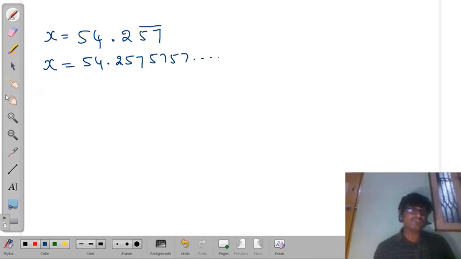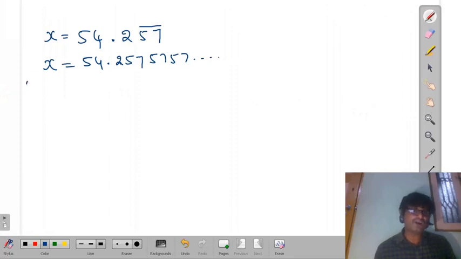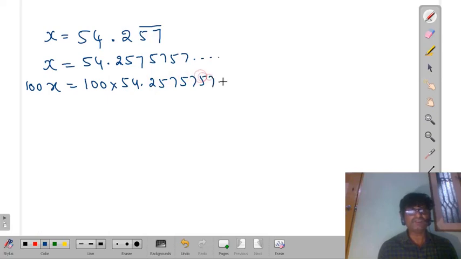So 100x equal to 100 times 54.2575757 and so on. As usual, here we have 2 digits, so move this decimal point 2 digits right.